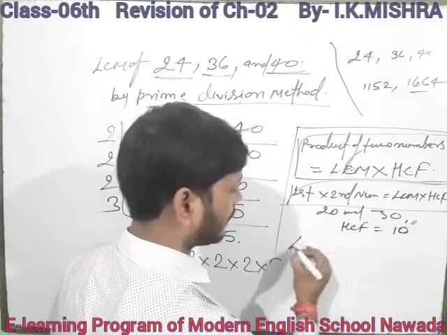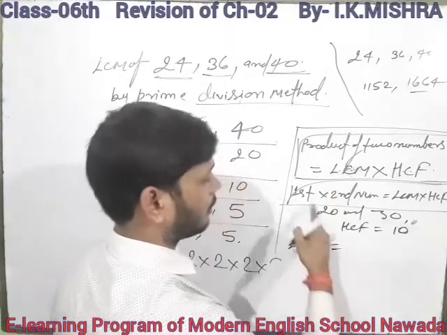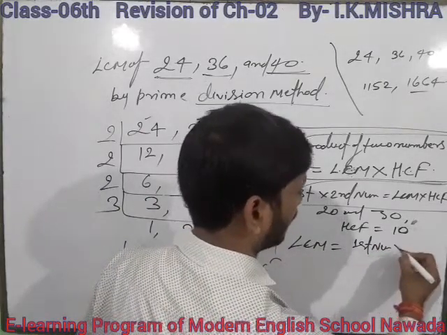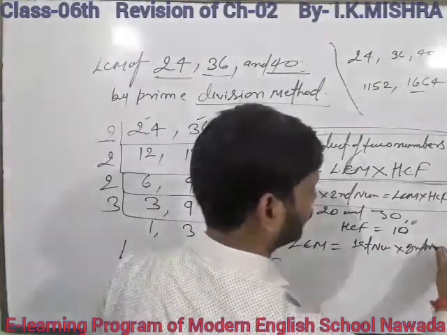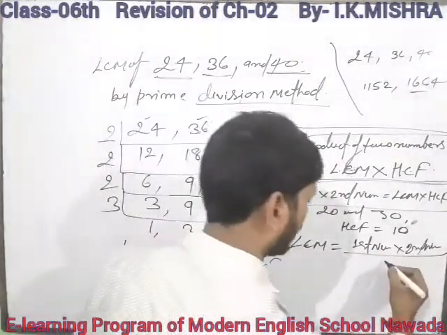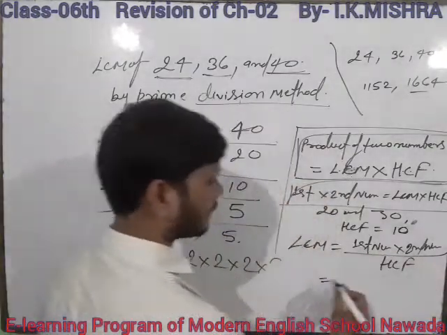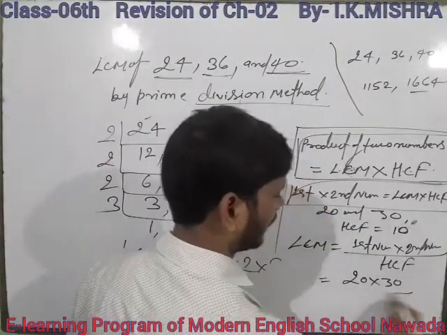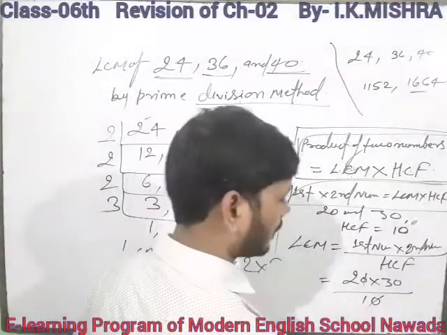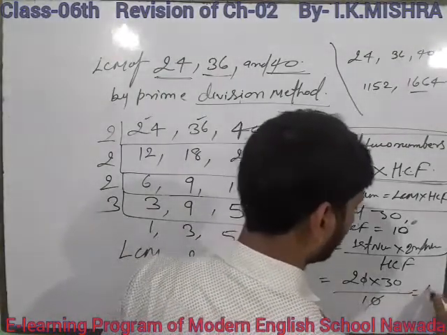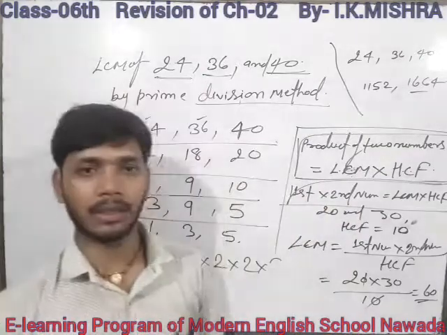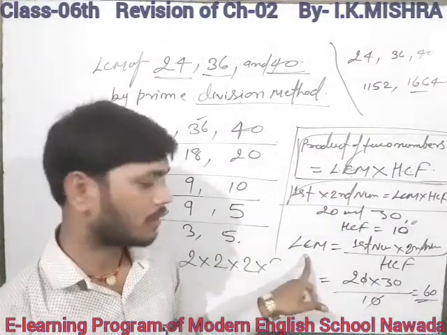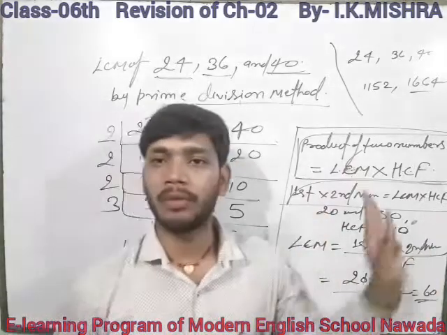Here LCM is equal to first number into second number, divided by HCF. So students, here LCM becomes 20 into 30 divided by 10, which means 60. 60 is the LCM of these numbers. Clear students? Similarly, you can solve all of these types of questions.